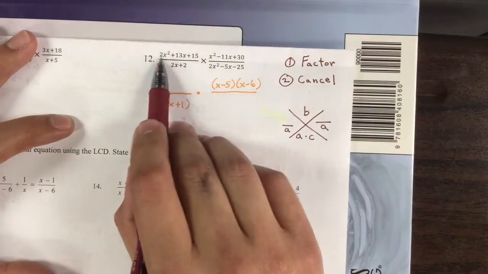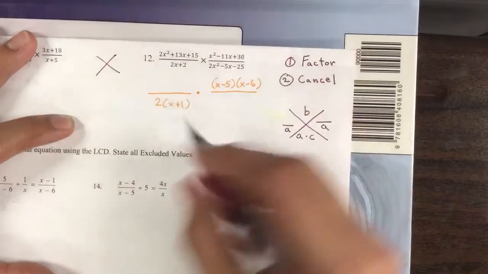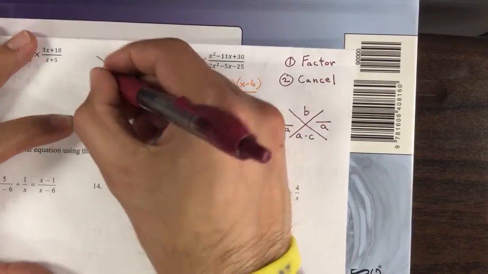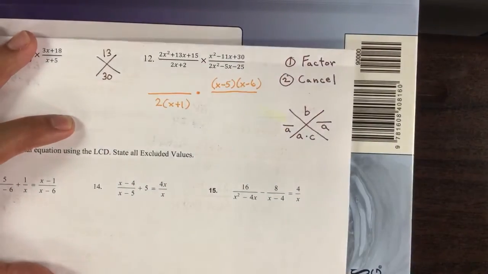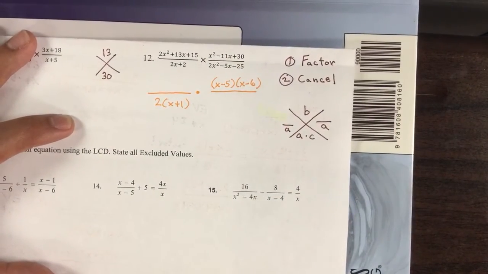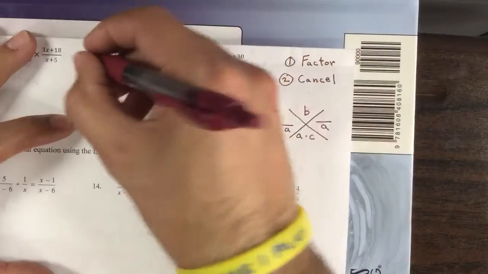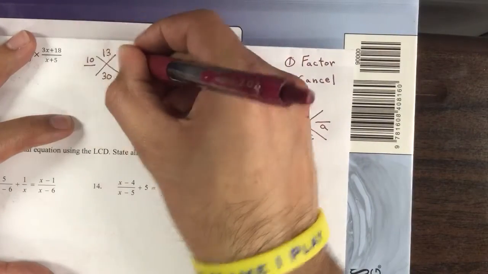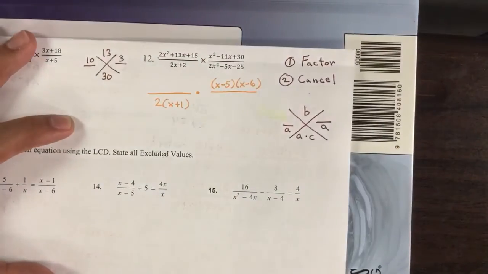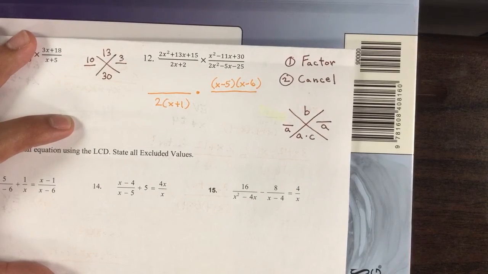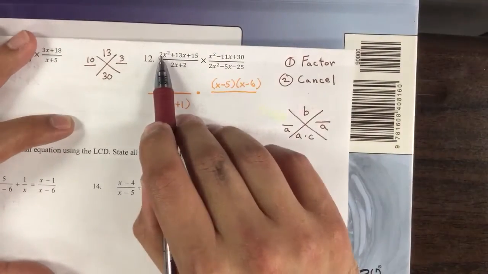I'm going to do the numerator first. 2 times 15 is 30. 13 is my b. So what are your two factors of 30 to give you 13? Go. 10 and 3. But we have to divide them by the a term, which is 2.